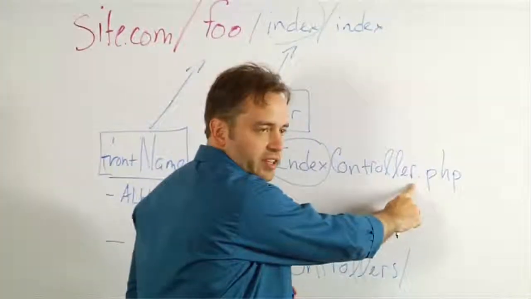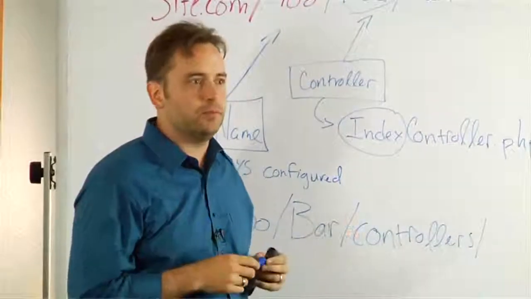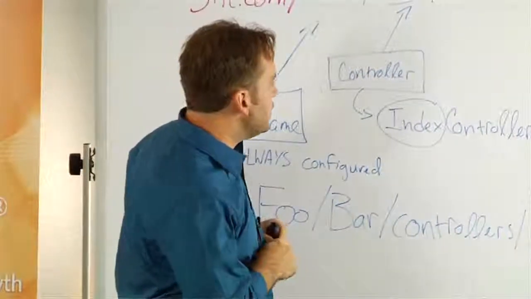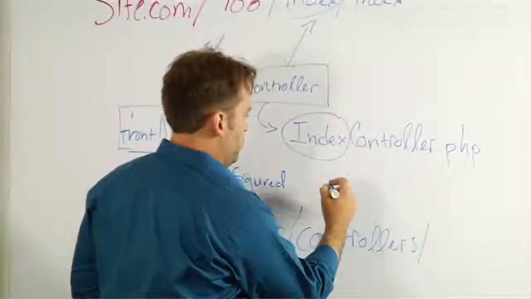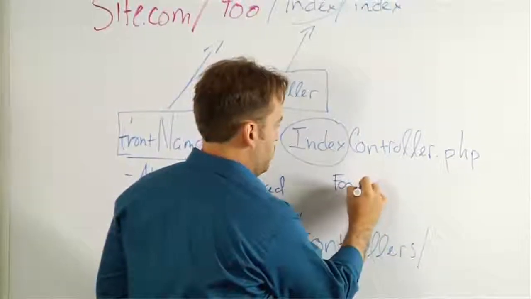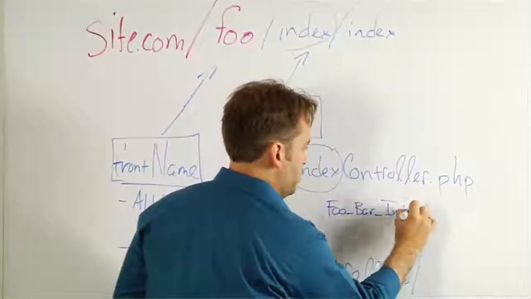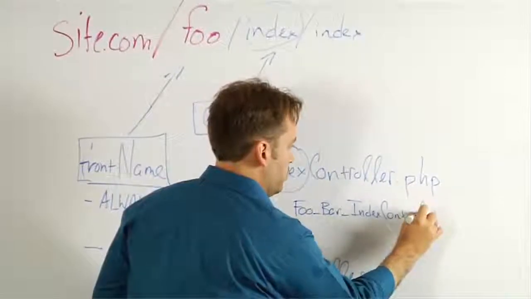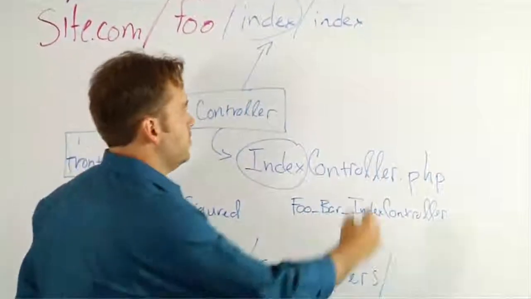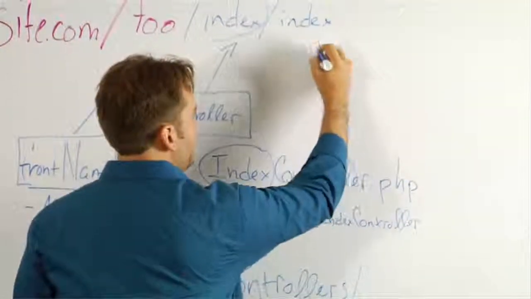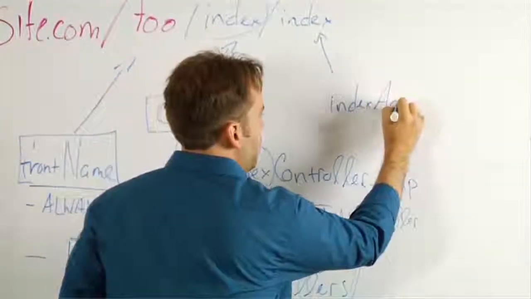When you're making the file, you just append controller.php onto it. Again, specified in the code. And then internally, inside of this class, which would be foo bar index controller, is going to be, I hope, an index action.